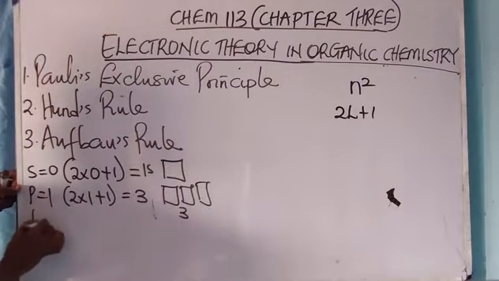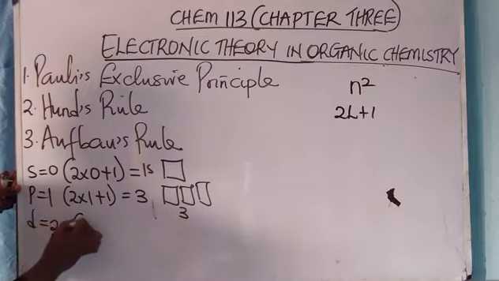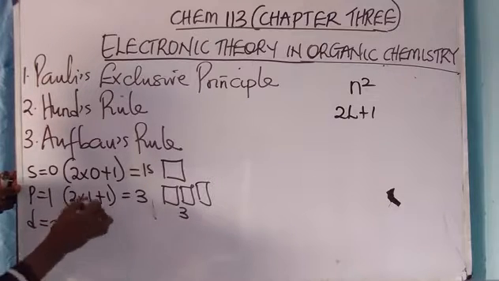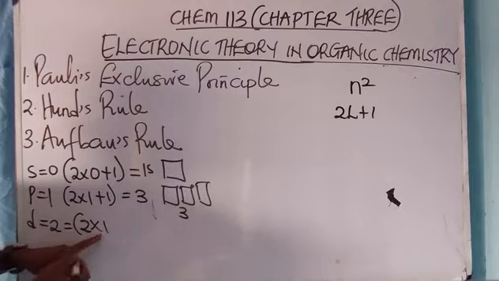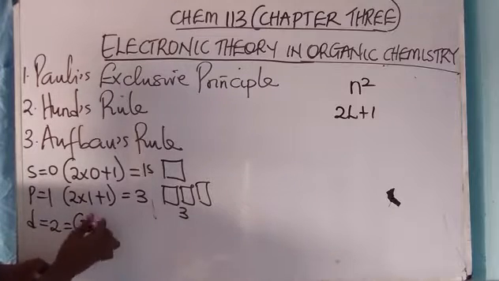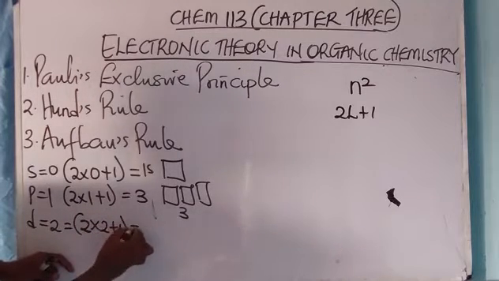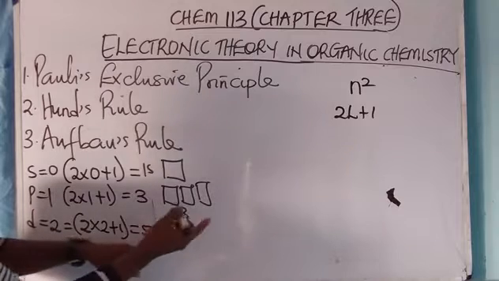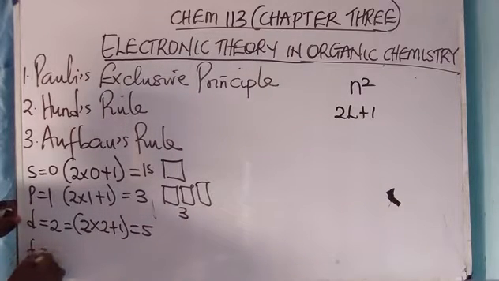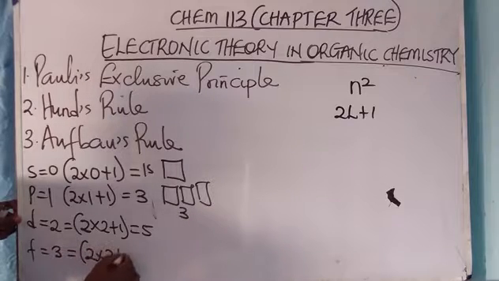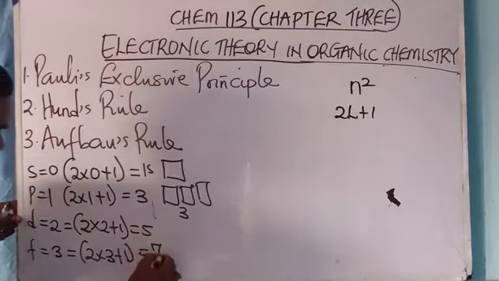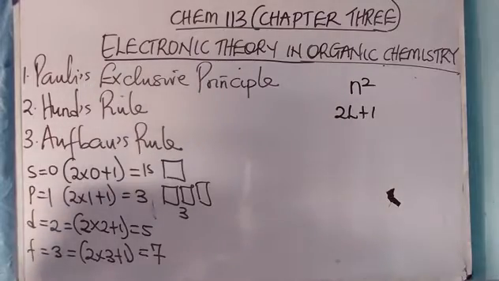Now I have D is 2, which means 2 times 2 plus 1, I have 5 orbitals. Then F equals 3, which means 2 times 3, 6 plus 1, 7 orbitals. That is how it is.